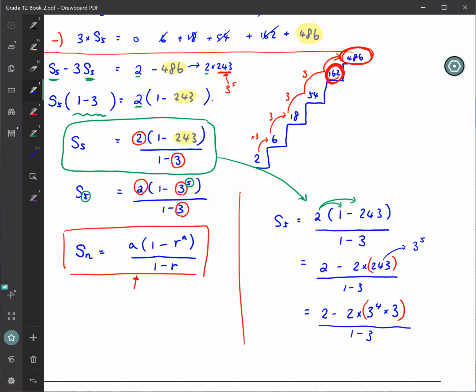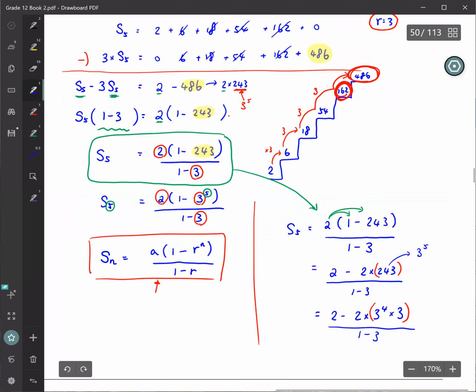So why do I want to do that? Because if I multiply the 2 by 3 4 times, it can reach the last term, the 162, right? The 162 here is 2 times 3 to the 4.